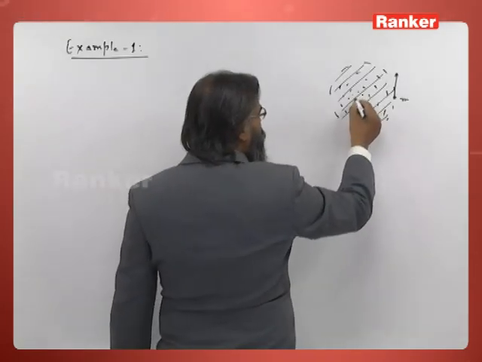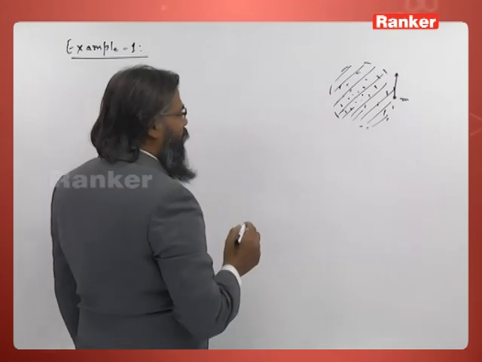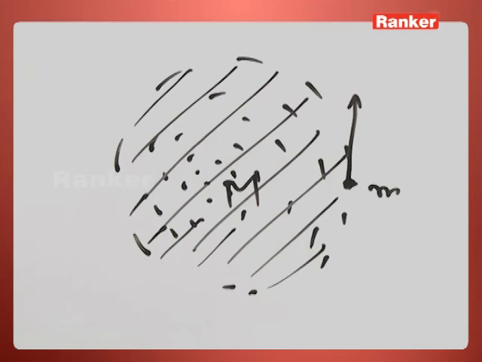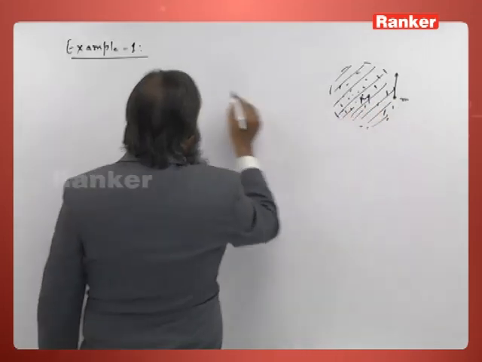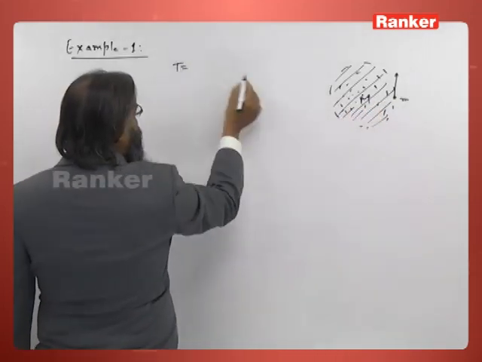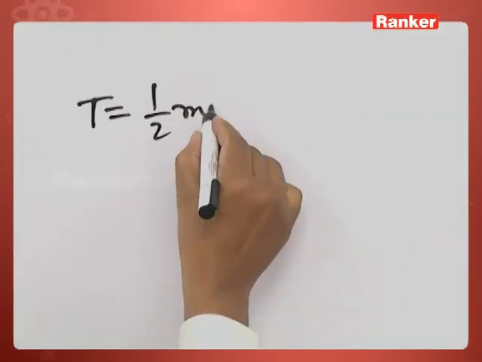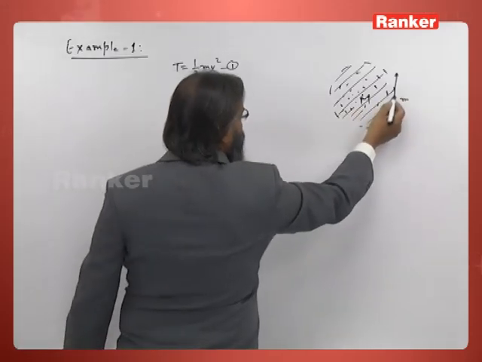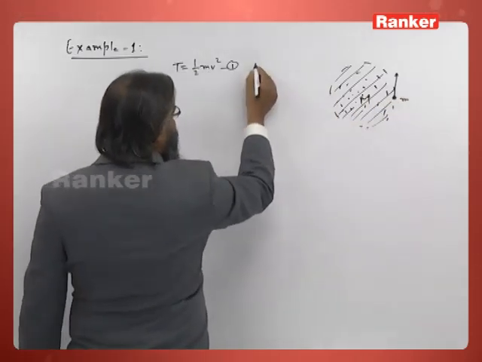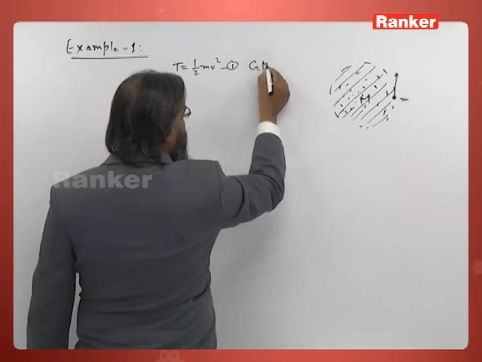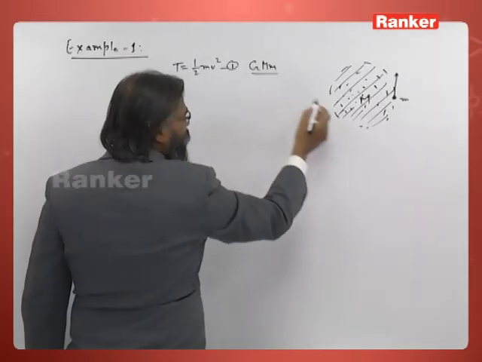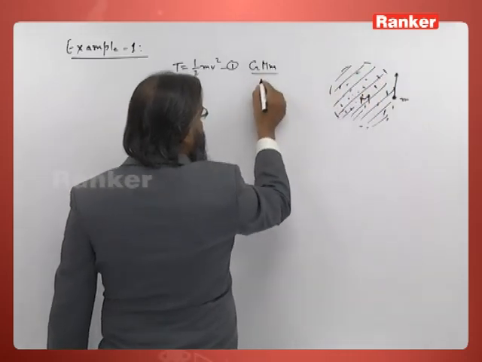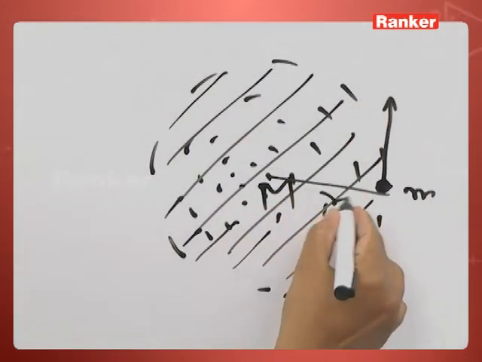Suppose the inside mass is denoted by capital M, then the kinetic energy T of this particle is given as half mv square, which is constant, and the force by which this mass is attracted is GMm by r square, where this distance is r.